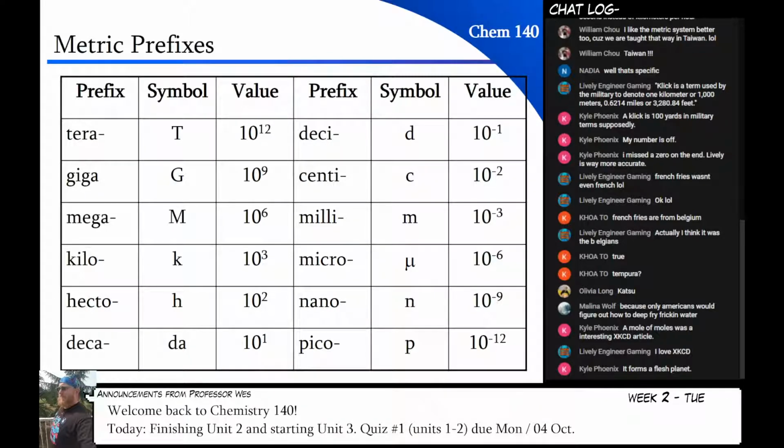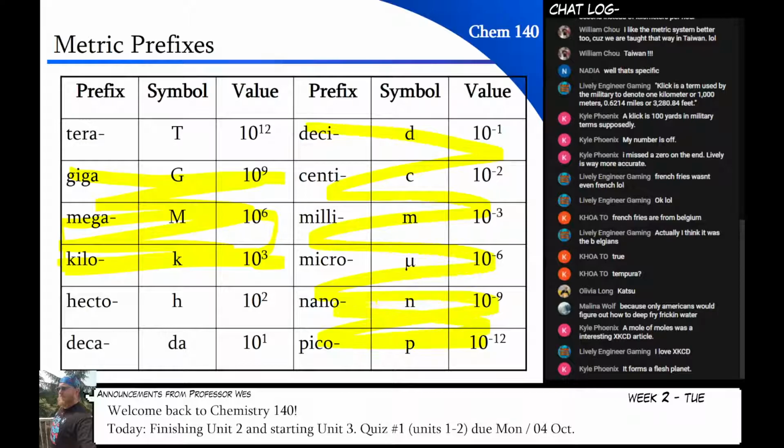And I'm going to highlight the ones that I think are worth memorizing. That said, you should probably commit them all to memory. So everything from giga, well, okay, just these three, actually. And then all of these. The ones that I've highlighted in yellow are the most common.